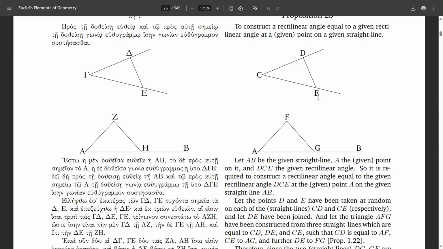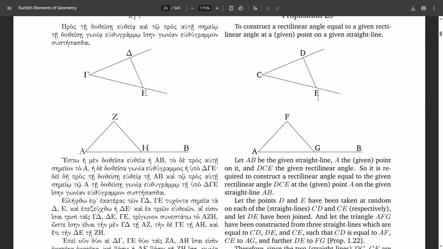Yay, I made point D. And then let's shift our compass down a little bit, and make point E. Then let's draw the lengths that we need.